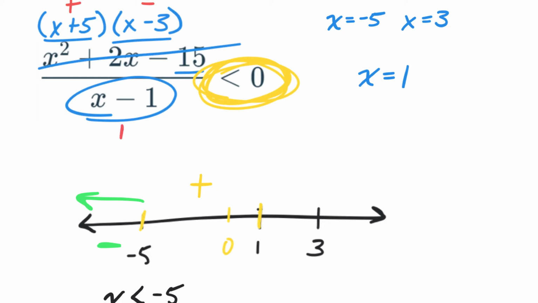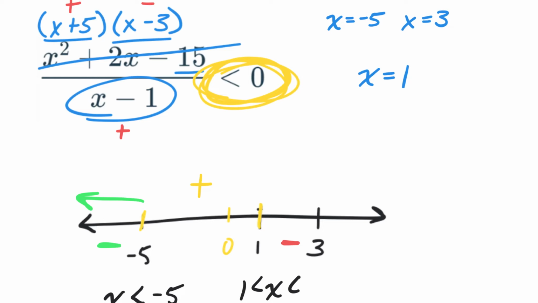And 2 minus 1 is also positive. So a positive times a negative divided by a positive is going to give us a negative solution, which is what we're looking for.